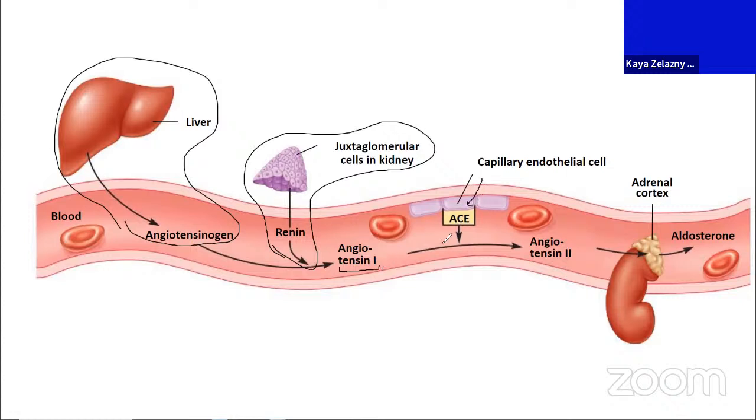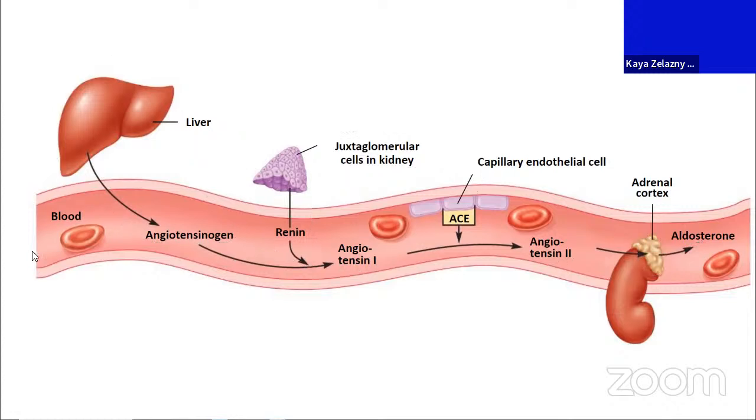The ACE enzymes on our endothelial cells turn it into angiotensin 2, which touches your adrenal gland, which then releases aldosterone, its own separate kind of hormone. This is our pathway for ultimately creating aldosterone. The ultimate goal is to reabsorb more sodium.